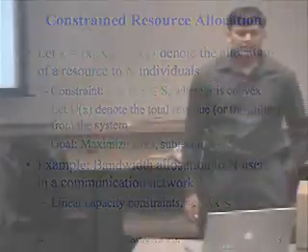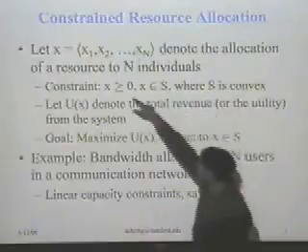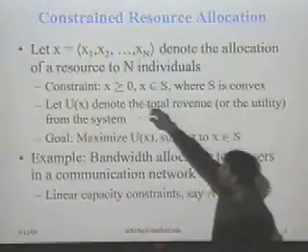Here's the problem in a little more formal form. Imagine that you are given some resources, and let's say x equals x1, x2, ..., xn denotes the allocation of this resource to n individuals. You're given some constraints. For this talk, I'm going to assume that the constraints are x greater than or equal to 0, so no one is going to get anything negative.